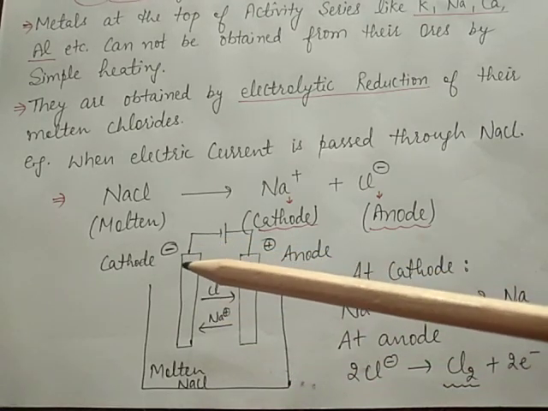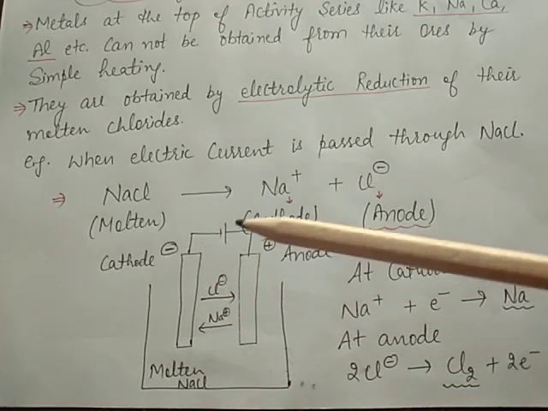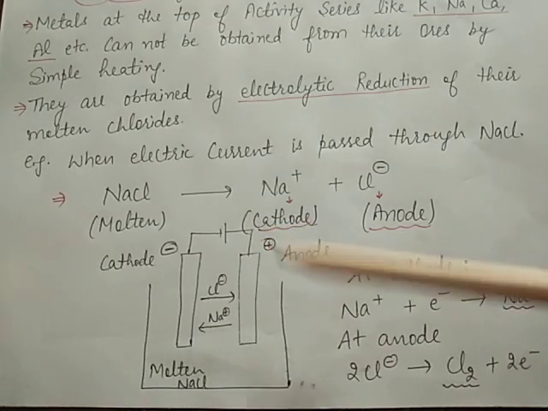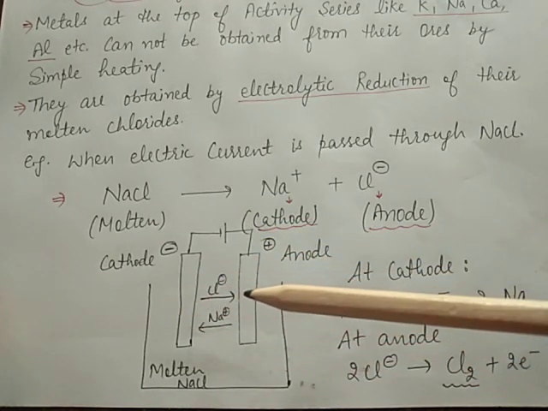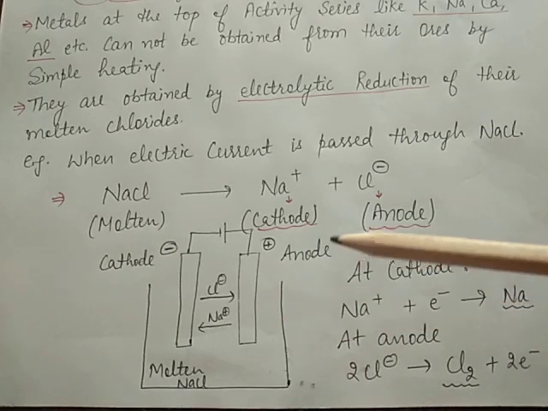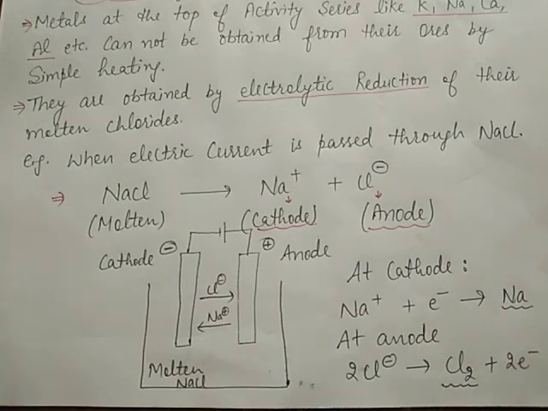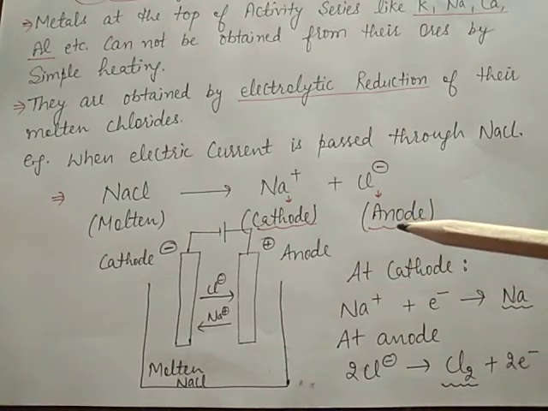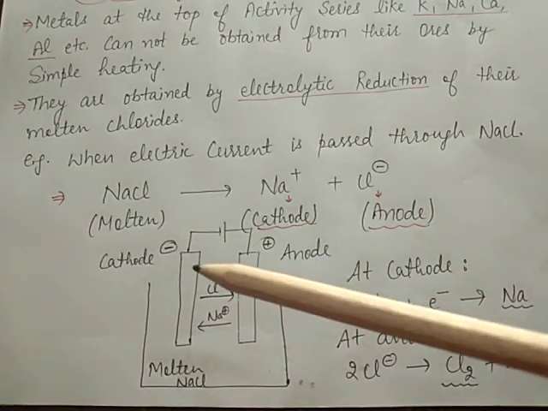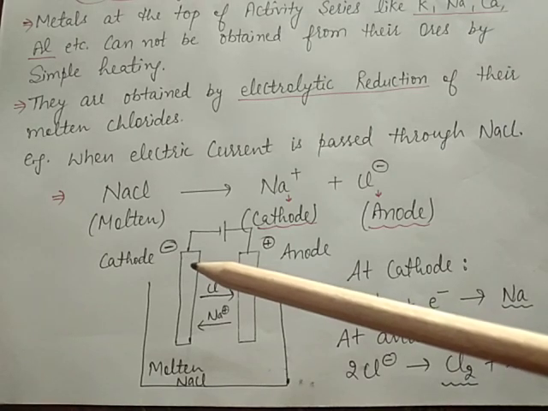and it is connected to a circuit. After passing the electric current, anode undergoes oxidation and cathode undergoes reduction.